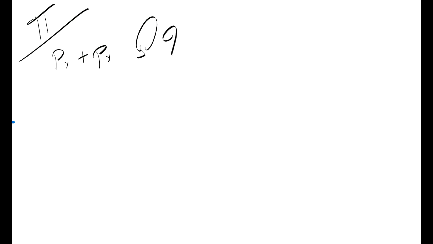So for our pi bonds, I'm only going to draw py plus py because PZ goes in and out, and that gets a little bit messy. But it's exactly the same, just rotated 90 degrees. So you have py and py, and you bring them closer together so that they can mix.